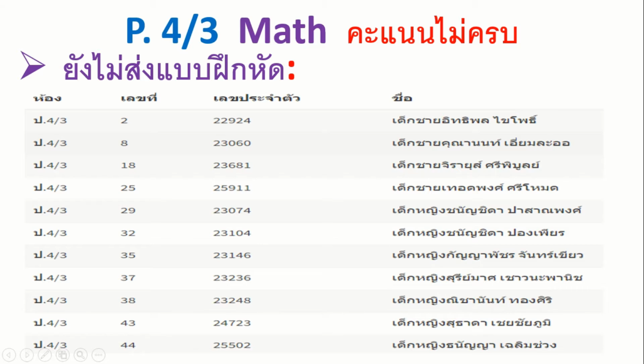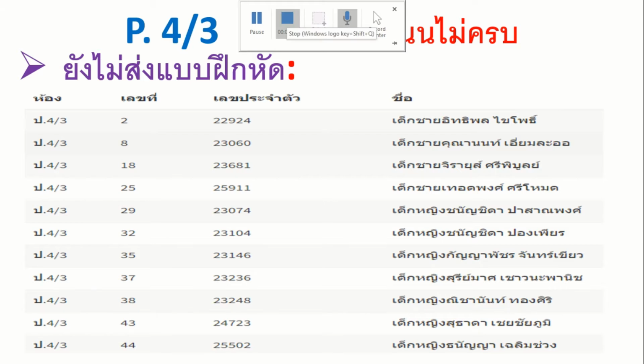Please check your names, and then please take a photo of the exercises in your book and send it to the Swiss, and then I give you the scores. Please check your name, students.